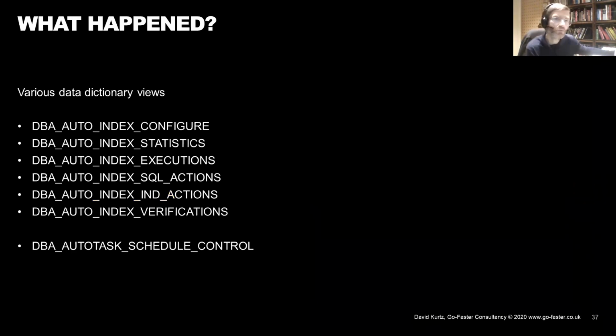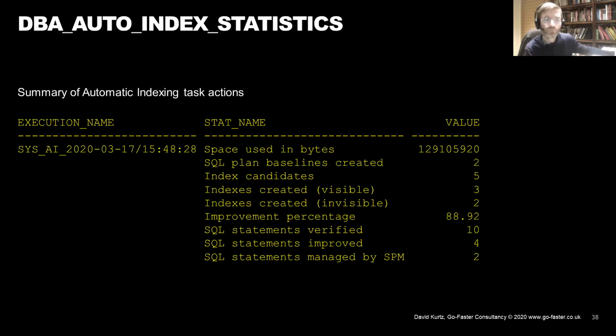So what happened? What did automatic indexing do? There's a number of data dictionary views that explain how it made some of its decisions. Not so much how, but what. You've seen the configuration already. There's a DB auto index statistics view.